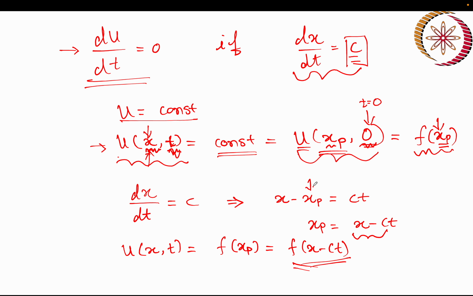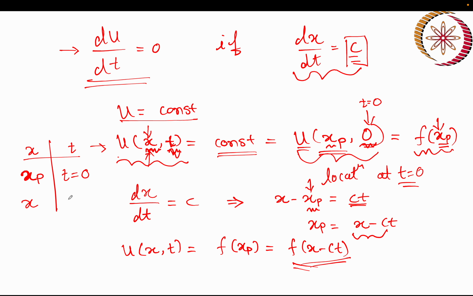So this is the location at t equal to 0. If you put t equal to 0, that is nothing but the location at t equal to 0, and now we have moved to this at t equal to t. So this is the current location.